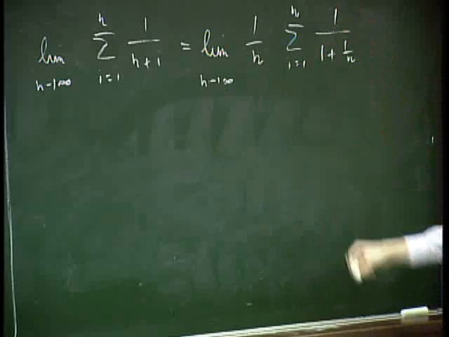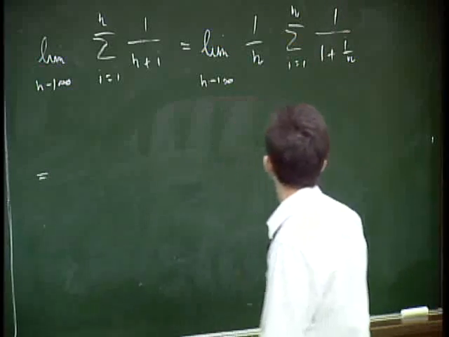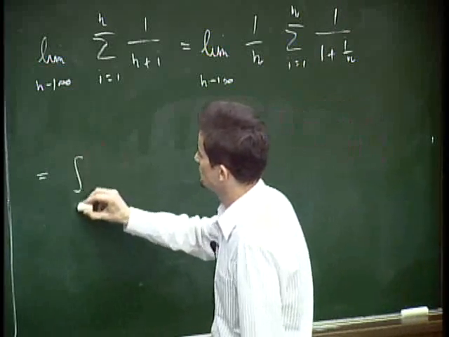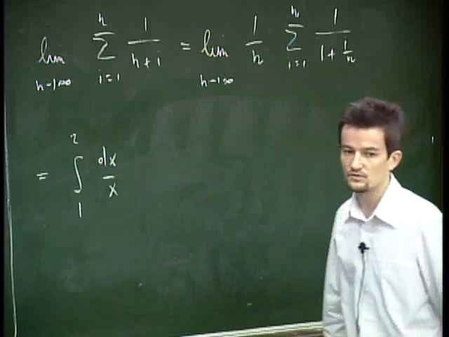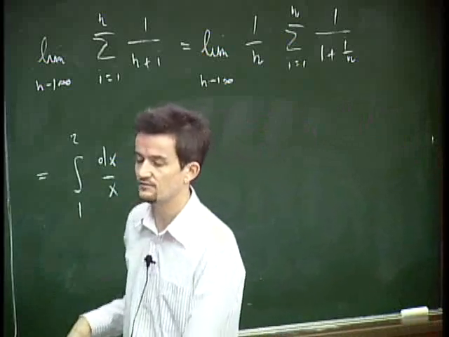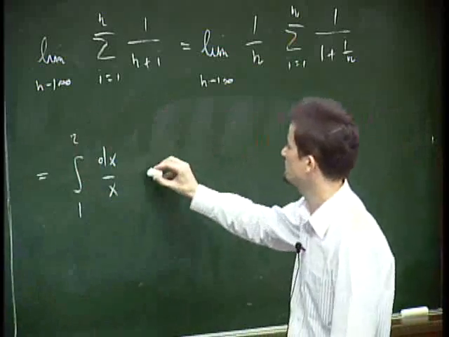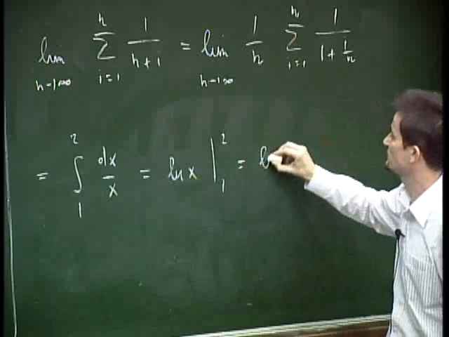And you see this is a Riemann sum. So I can write this as the integral from 1 to 2 dx over x. And I know that an antiderivative of 1 over x is given by ln of x. I apply this part, so I have ln of x evaluated at 1 and 2, which gives ln of 2.